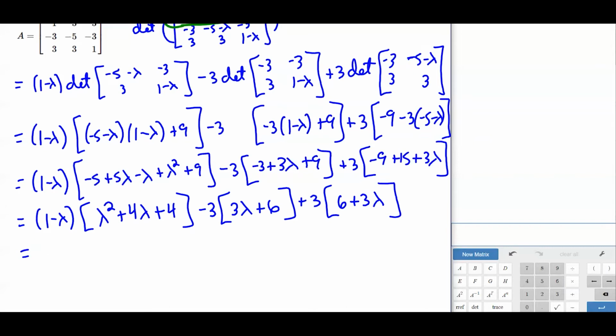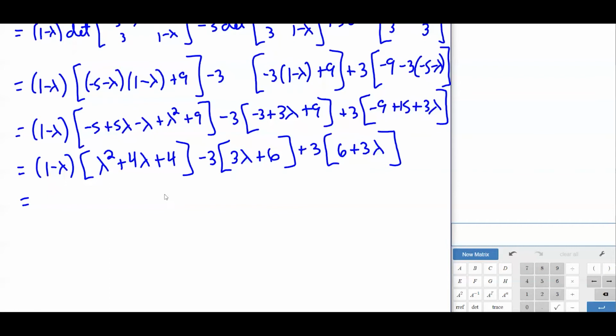So we really need to multiply everything out. I don't see anything that is going to help us in terms of factoring. If I had a common factor in all 3 terms here, then maybe I could do something, but I don't. So I'm just going to have to multiply everything out. So I've got lambda squared plus 4 lambda plus 4 minus lambda cubed minus 4 lambda squared minus 4 lambda minus 9 lambda minus 18 plus 18 plus 9 lambda.